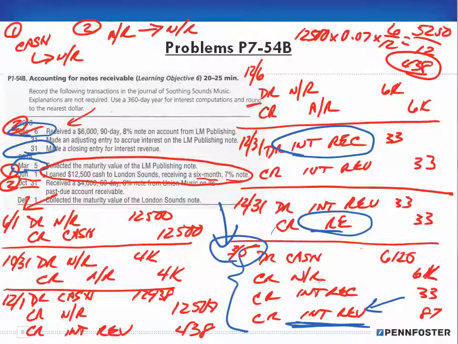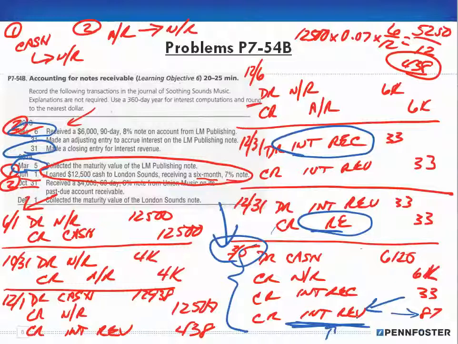However, if you have a monthly accounting period, each and every accounting period you would accrue your interest revenue. So there would have been an accrual for January and an accrual for February. And when they go to pay it off in March, it obviously wouldn't be $87, because you accrued only 5 days' worth.